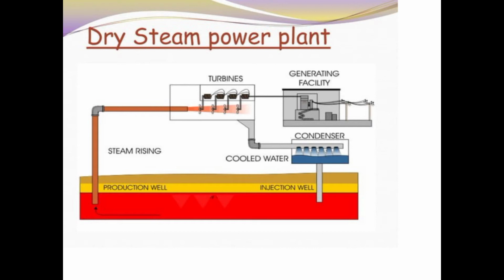Drilling is done inside the earth to reach the geothermal reservoir, and through a pipe water is sent inside the hot reservoir, and the water is converted into steam. Then this steam is used to drive the turbine, which produces electricity. After that, the steam is condensed and injected again into the geothermal reservoir, and this cycle goes on. So this is the dry steam power plant.